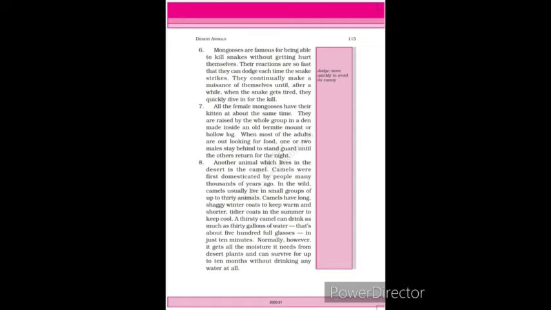This is why it can survive without water for up to 10 months. Camels have humps that store fat and help them to survive for months without water. While camels with only one hump are called the dromedary, some camels have two humps and are called Bactrian camels. So I want you to know these two kinds of camels, dromedary and Bactrian.